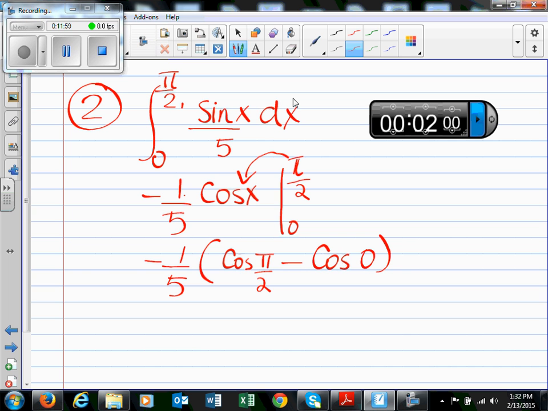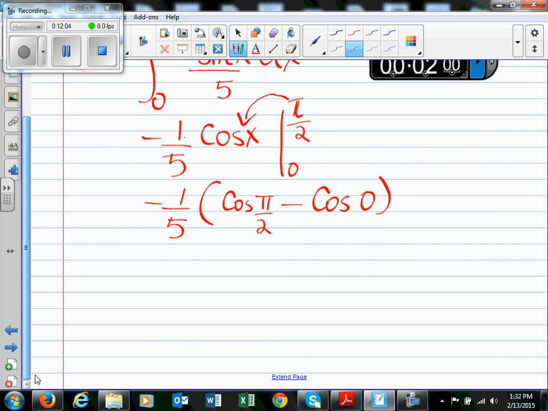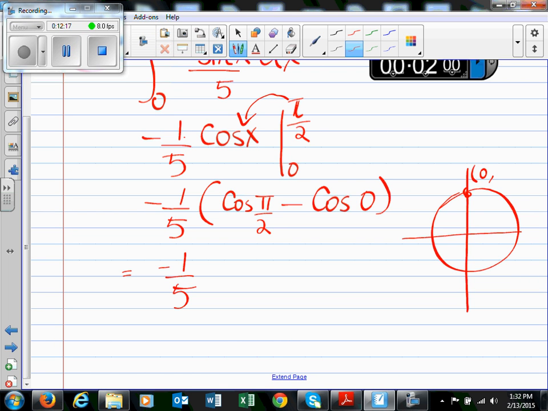You following? So now you simplify it after this. So cosine pi over 2. Now remember your unit circle. Cosine pi over 2 will be 0, minus, what is cosine 0?